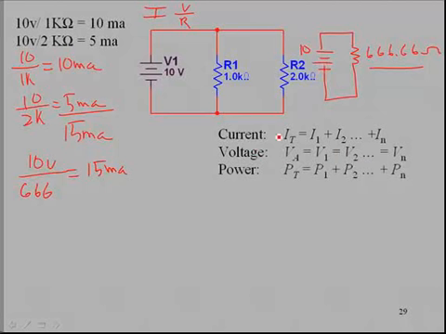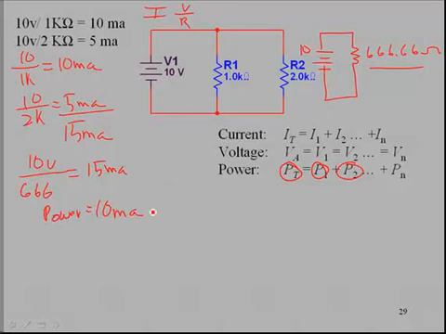Okay, power. The total power is going to be the sum of P1 plus P2 plus however many more components you have. Now again, let's look at the individuals first. The current through the 1K was 10 milliamps, and this is going to be the power here.